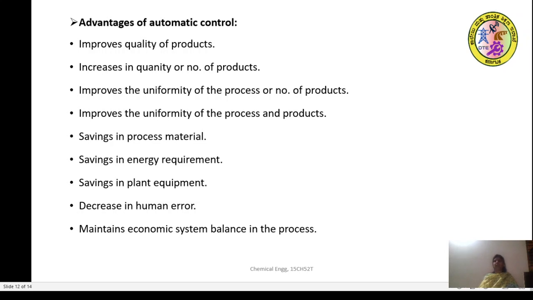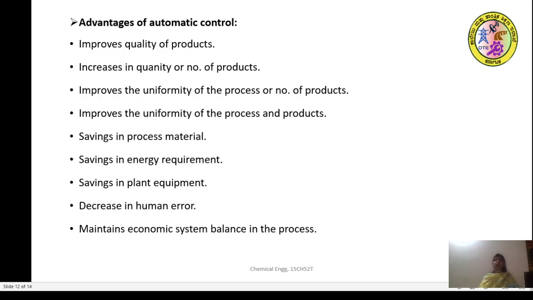The process material can be saved by using an automatic control system. The energy requirement to run a particular process could also be saved. The number of equipments in any plant can also be reduced.